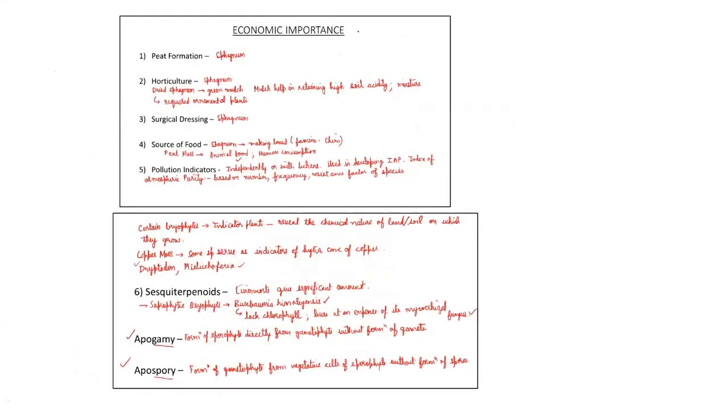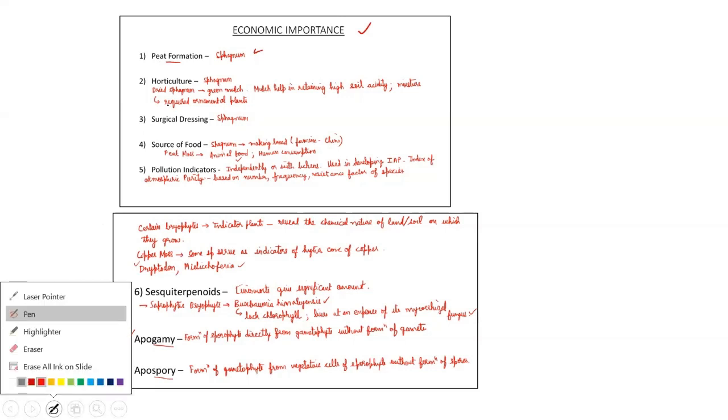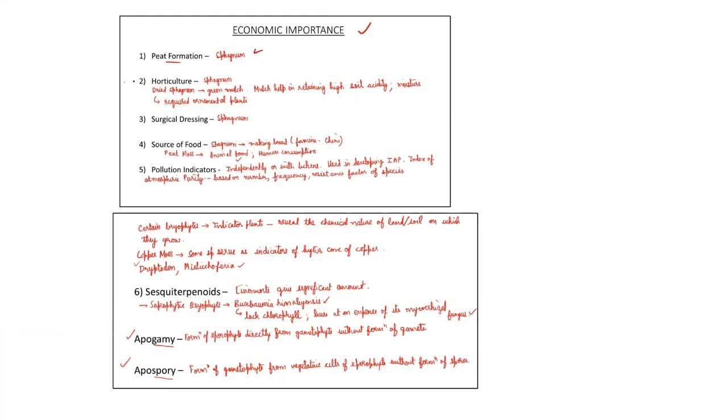Let us talk about the economic importance of bryophytes, which is important. Now, peat formation takes place in Sphagnum, which is also called bog moss. Sphagnum is used in horticulture, and it serves as a bed on which moisture can be retained for a very long time.